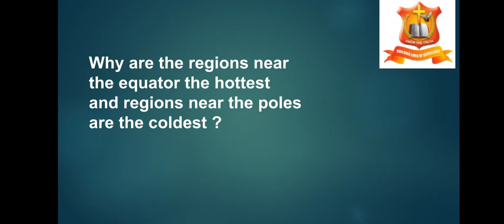Now moving further, why are the regions near the equator the hottest and the regions near the poles the coldest? The sun rays are vertical over the equator, and so this is the hottest region. The poles receive only slanting rays, and that too for only 6 months in the year. This is why the polar region remains frozen throughout the year. I hope you understood it.